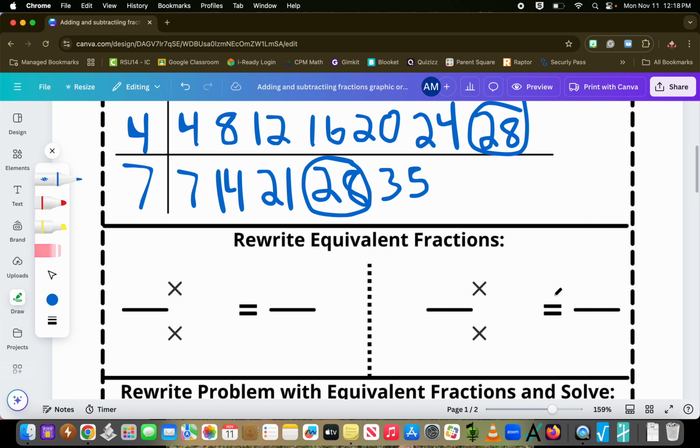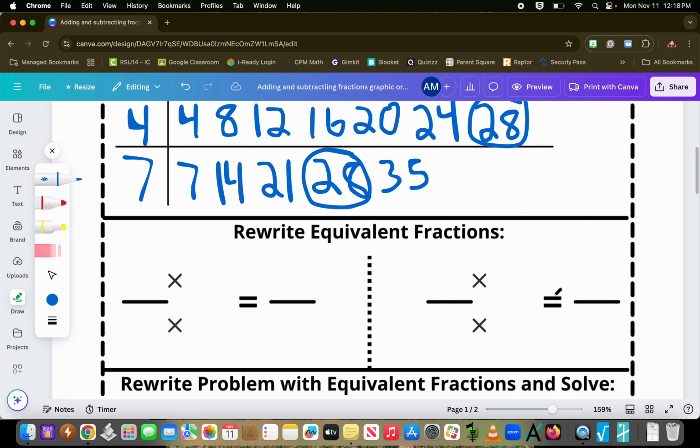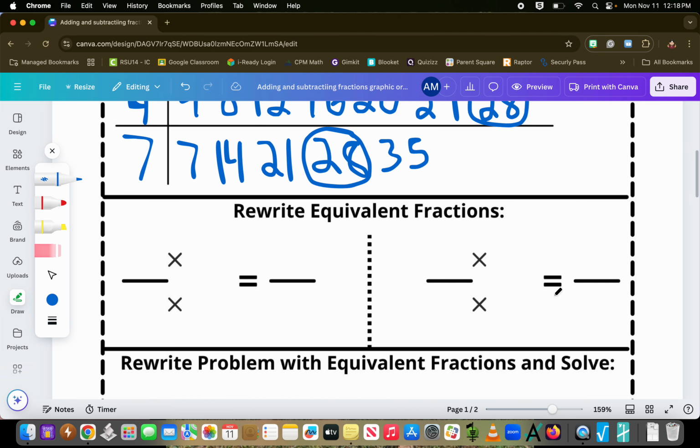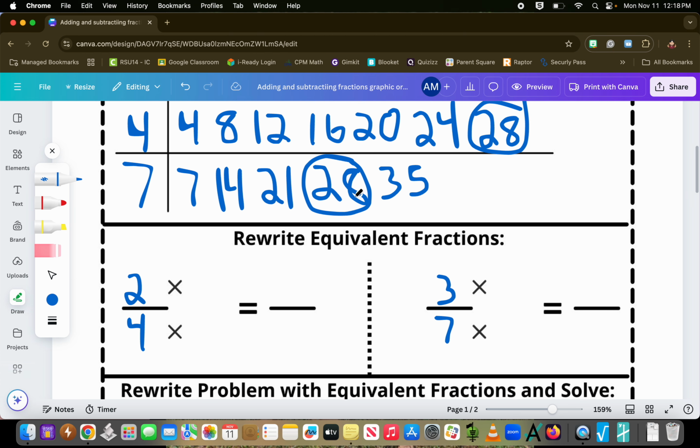So now I'm going to go down here and rewrite my problem. If I start with my first fraction, I've got 2/4. My other one was 3/7. To rewrite as equivalent fractions, I need to know, how do I get to 28?